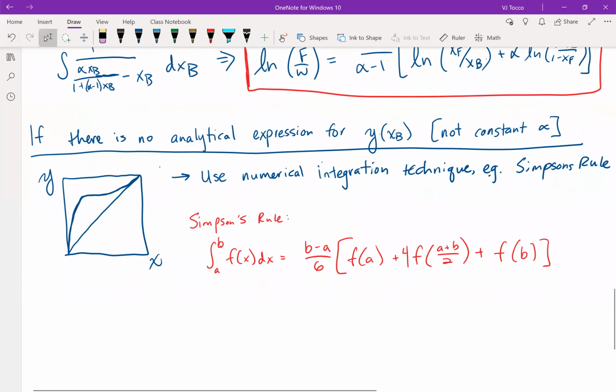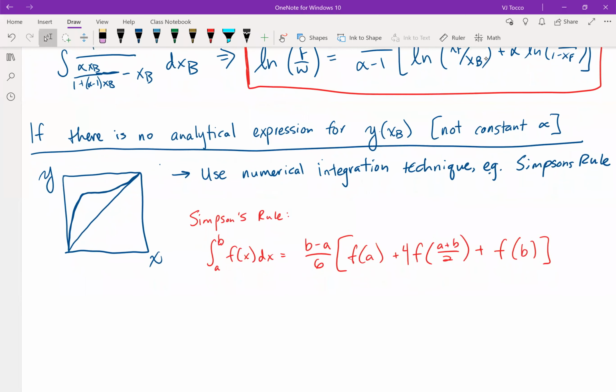So applied to my equation, if you apply it to the Rayleigh equation, the integral from xf to xb of 1 over (y minus xb) dxb, Simpson's rule would then be the bounds of integration, xb minus xf.